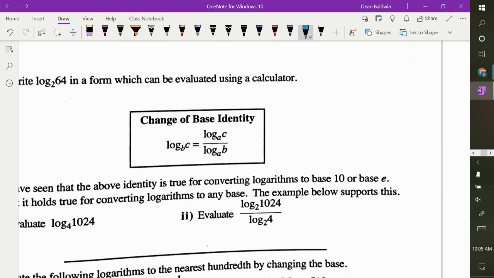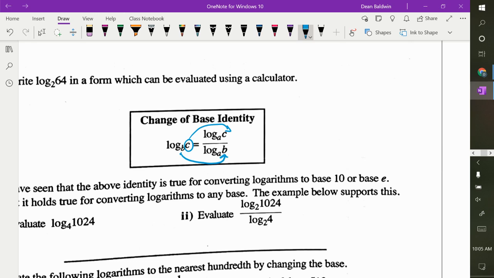When you're changing the base, the argument of the original goes into the numerator log, and the base of the original becomes the argument of the denominator. Now, A, the base that you're changing to, can be whatever you want.